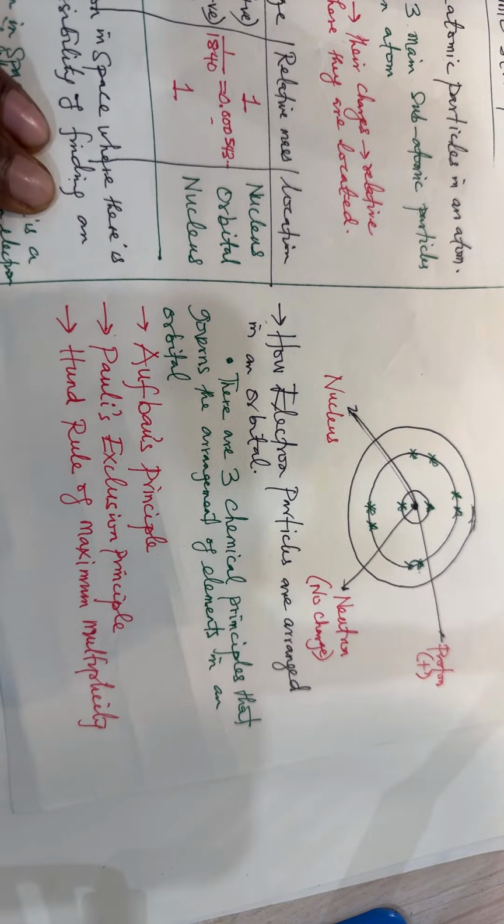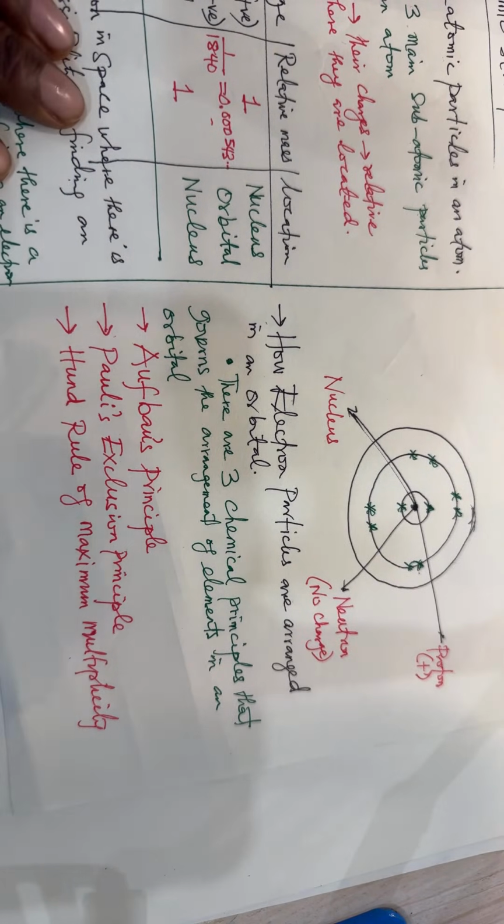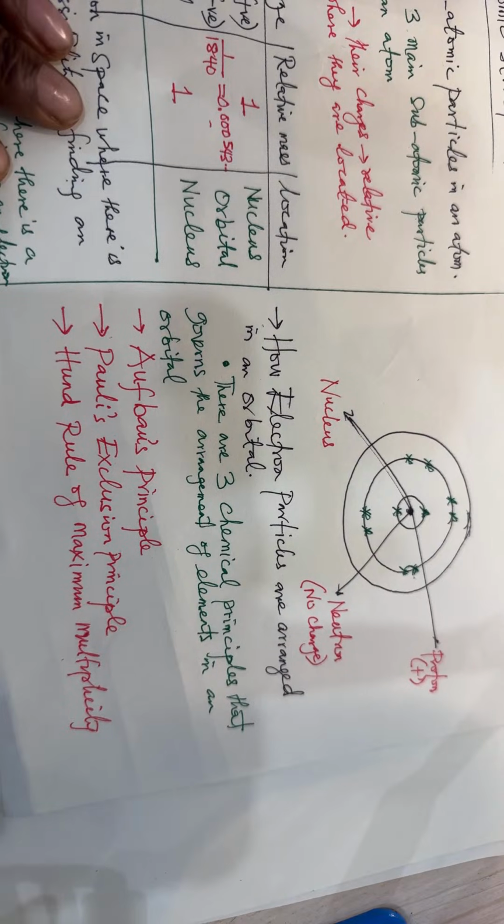Pauli's exclusion principle. You don call it? The last one, Hund's rule of maximum multiplicity. Call it again. Hund's rule of maximum multiplicity. Now repeat the three together, let's start with the Aufbau principle.